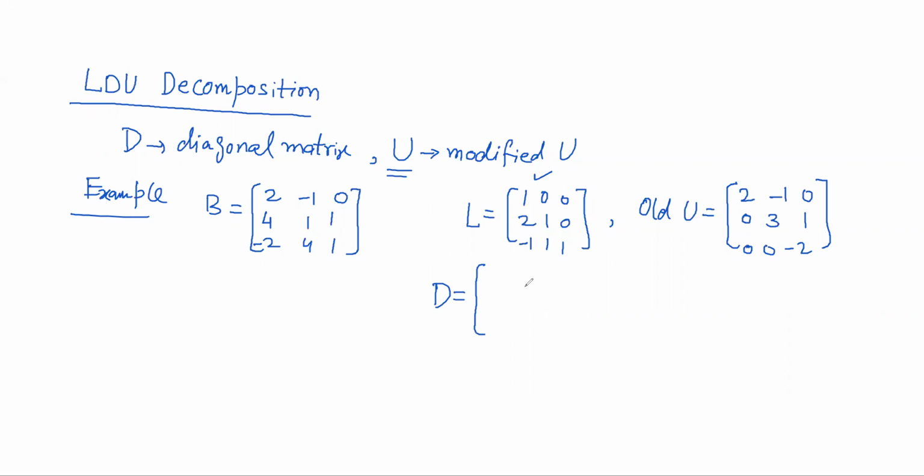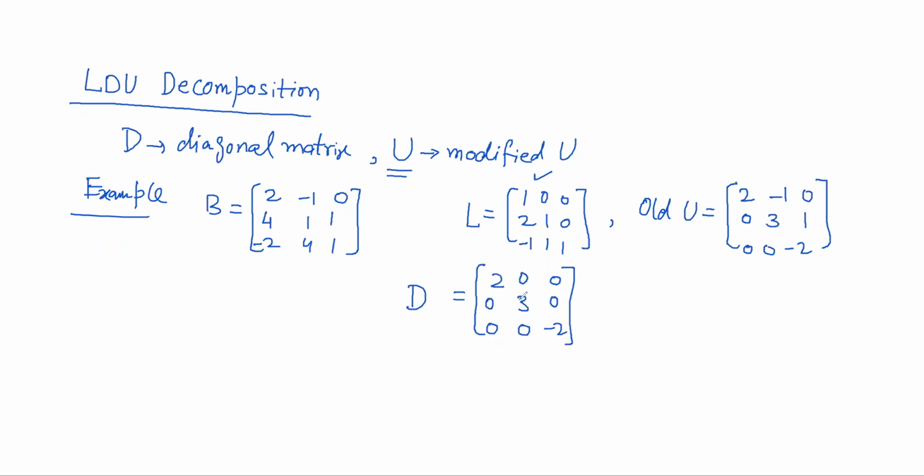That element D will be obtained from the pivot positions of each row of this U. So we will introduce a diagonal matrix with 0 on the non-diagonal elements, and its diagonal elements will be these three: 2, 3, and minus 2.